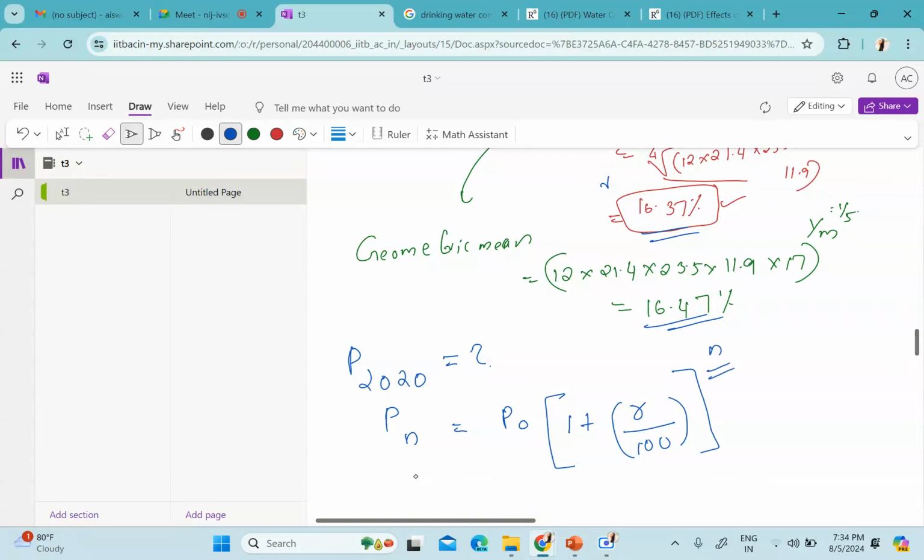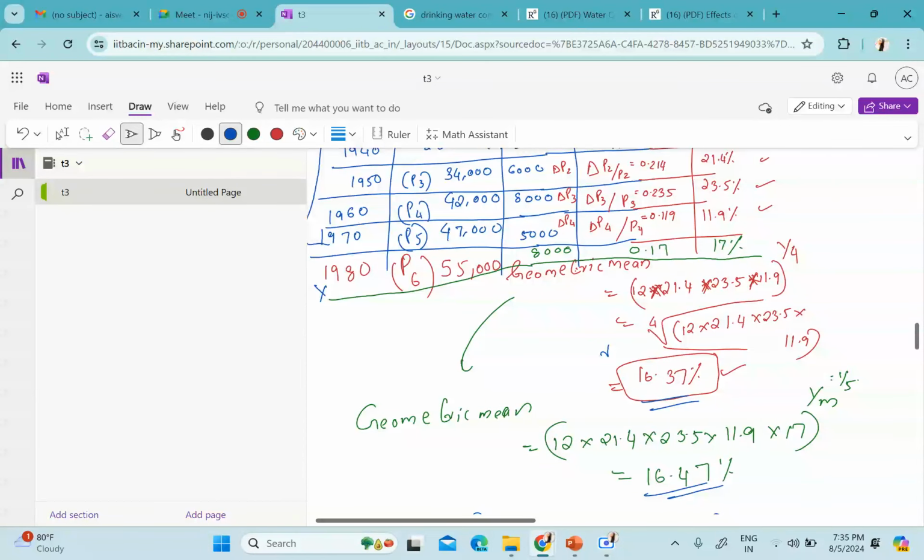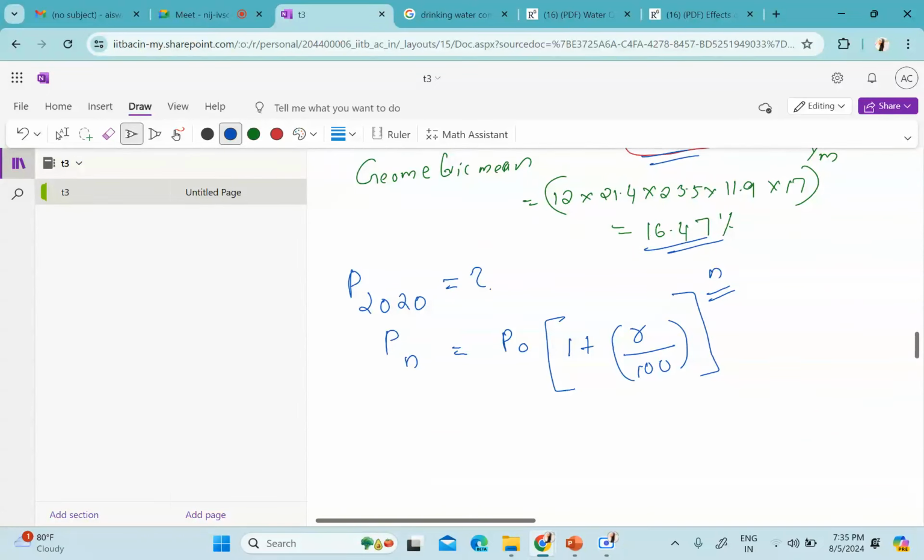This n value is the number of decades from the year you are considering. If you are considering 1970 to 2020, you have to note down the 1970 population, how many people are there. Then you consider the r value which we calculated, and n is the number of years.